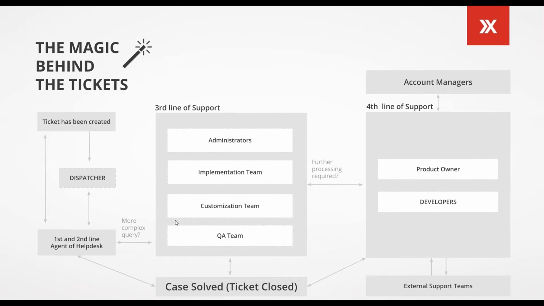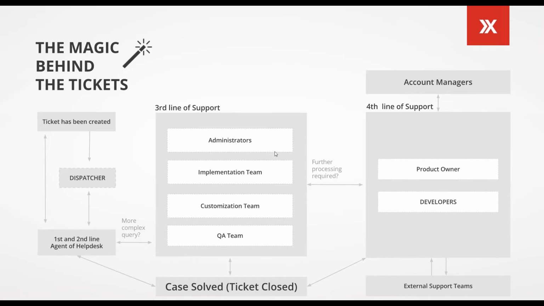For example, if we don't know in my team how to help you, we urgently transfer your ticket to the third line of support. The third line is the administrators team, and tickets directed to them would be all tickets related to the performance of the system, networking issues, or any other IT related problems.